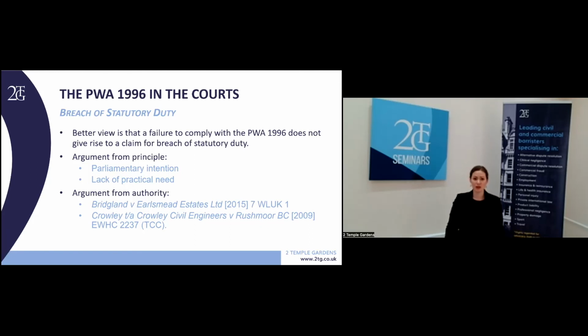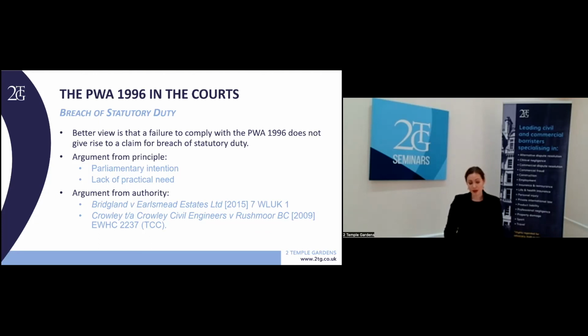Now, that would be straightforward enough, but complicating the picture is the case of Crowley and Rushmore Borough Council. In that case, His Honour Judge Thornton QC found that, and I'm quoting, "any failure to serve the requisite notice before work started would amount to a breach of statutory duty, which would allow a court to award damages representing the compensation which would have been awarded by the surveyors appointed under the Party Wall Act."